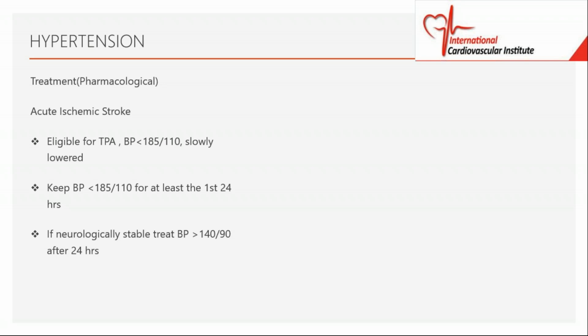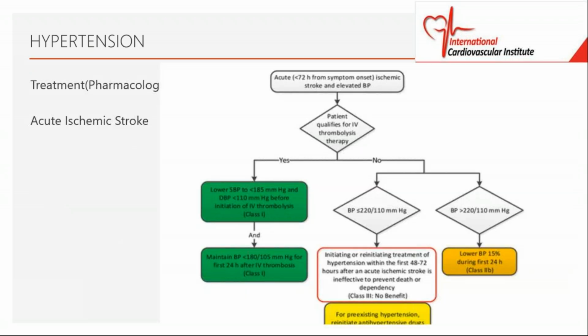Very important. Okay? And once the patient is stable from a neurological standpoint, then you can treat the blood pressure above 140/90. But if the stroke is still ongoing, stroke in evolution, you don't want to treat the blood pressure. Okay? All right.